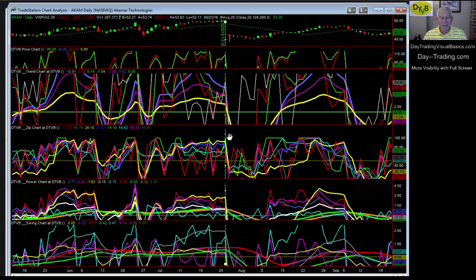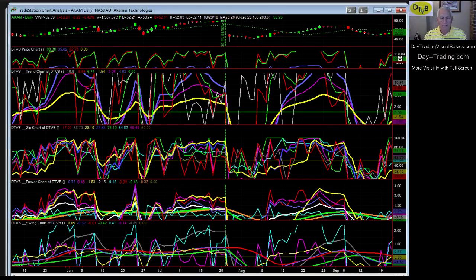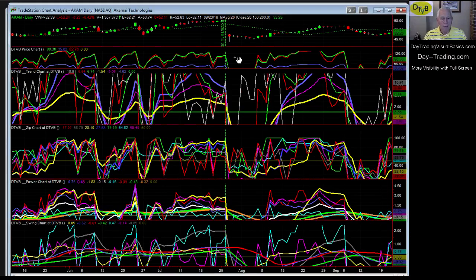But in this example, as you can see in the price chart, we also have price green and red and blue in a bottlenose. There's another bottlenose down here with swing in the swing Zion chart that is a part of the reaction to this.